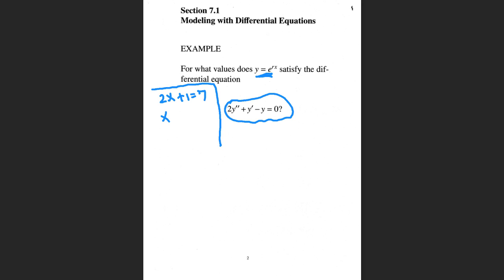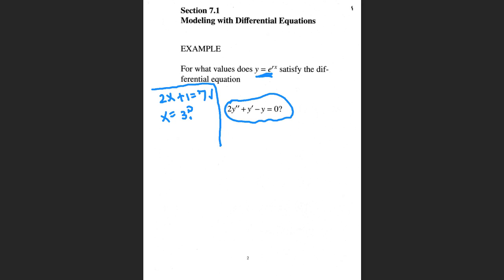So analogously, for 2x plus 1 equals 7, if you're told x equals 3 is the solution, and let's say you didn't know how to solve that basic equation, how would you verify that x equals 3 is indeed a solution? What would you do? That's right.